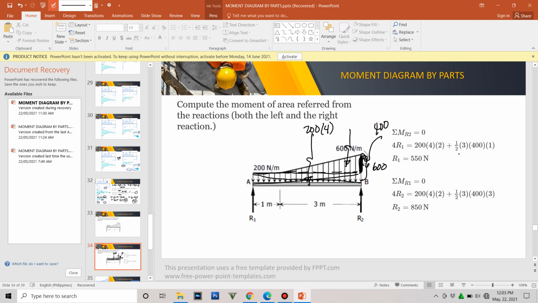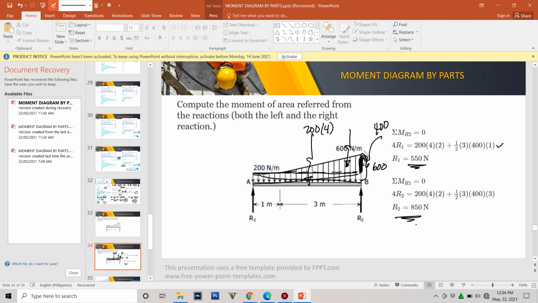That is why we have 1/2, the base is 3, the height is 400, and the centroid of this is 1. So, paano naging 1? 1/3 of 3, that is equal to 1. Okay? So, we have 550. So, we take moments on the other side, we have 850.